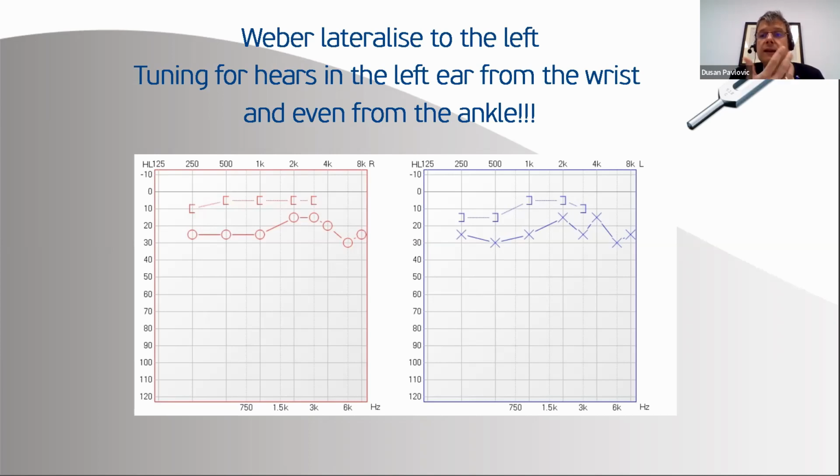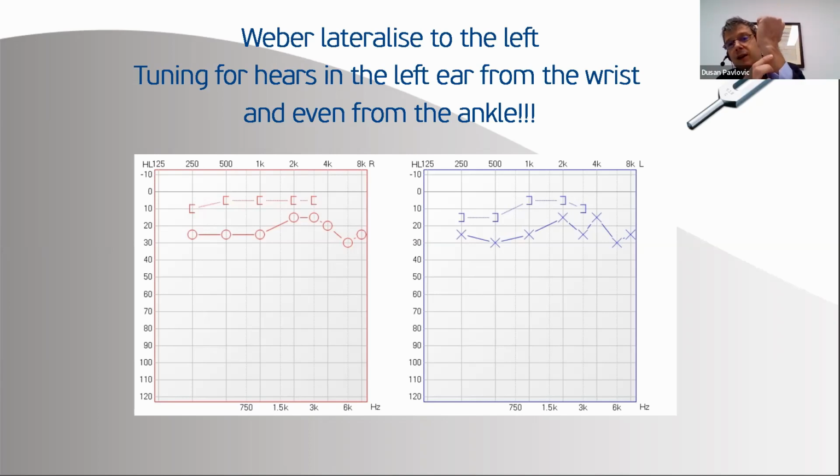And here is one instrument which I prefer at my office. It is a tuning fork, and I find it very useful, especially in those cases. In this particular case, the Weber lateralized to the left side, and it is often worth trying to see if the patient can hear the tuning fork from distant places.